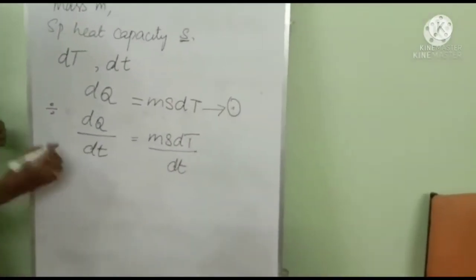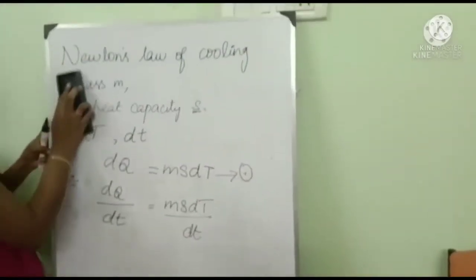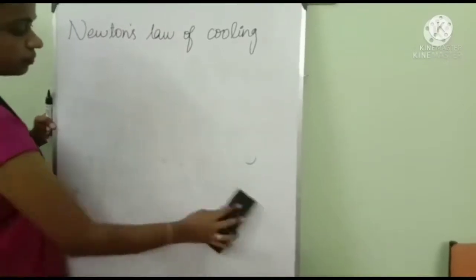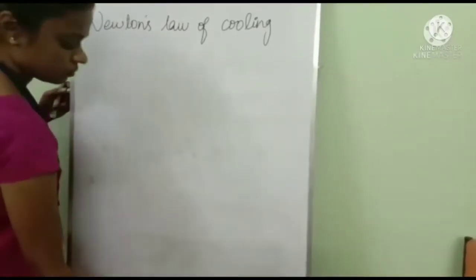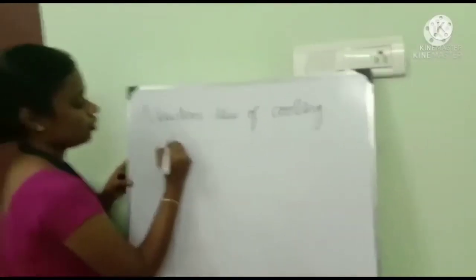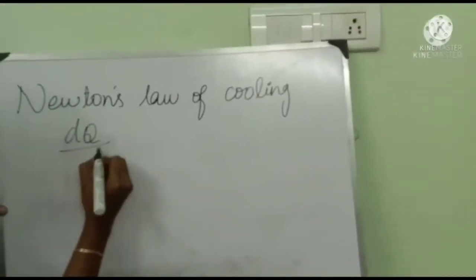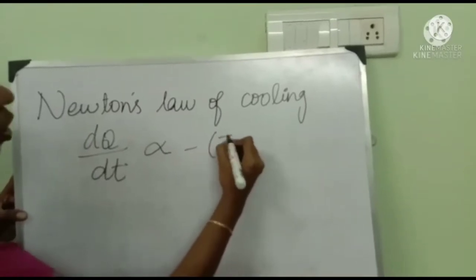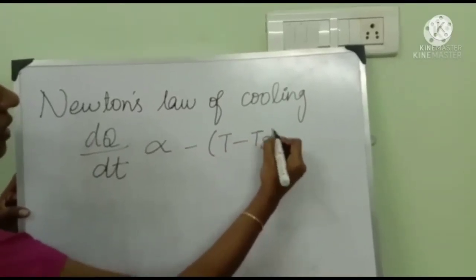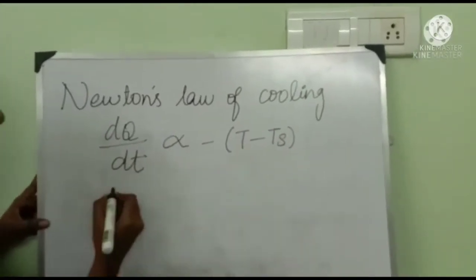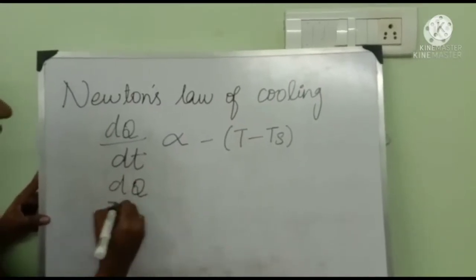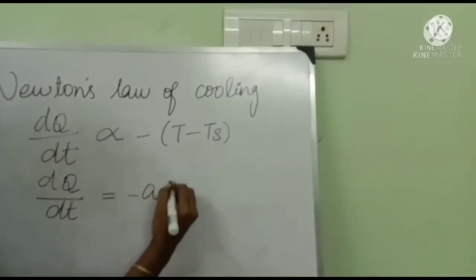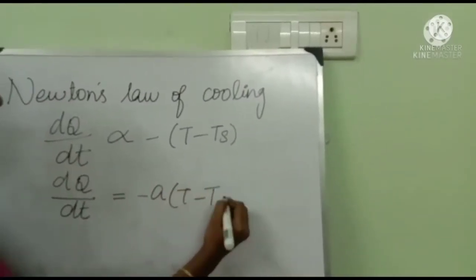Now, the Newton's law of cooling. We shall equate this with Newton's law of cooling. Newton's law of cooling is dq by dt is proportional to minus of T minus Ts. Now, removing the proportionality sign, we get dq by dt equal to minus A times T minus Ts.